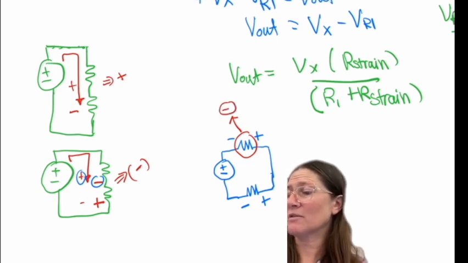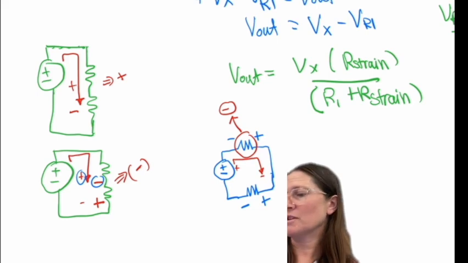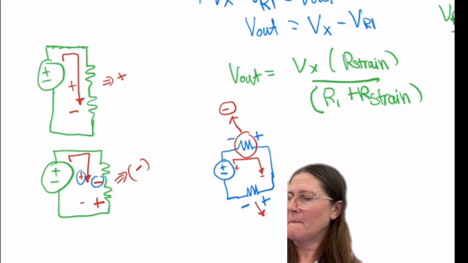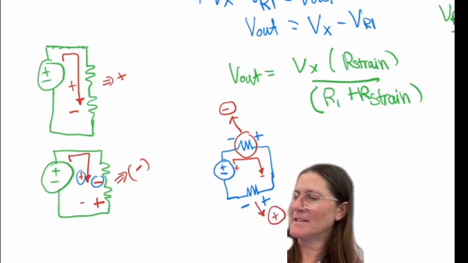Correct, it will be negative because the current is going to go in this direction, which is opposite. Okay, what about the bottom one? Correct, somebody said it, positive.